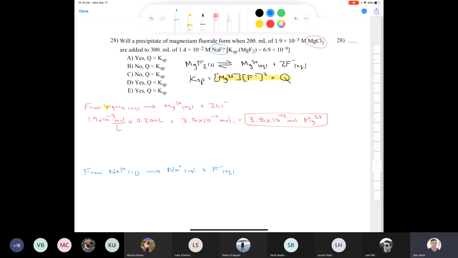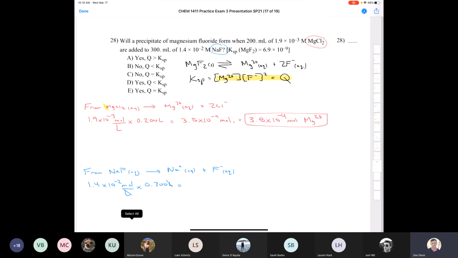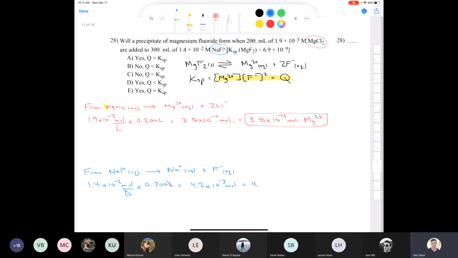So if the concentration is 1.4 times 10 to the negative 2 moles per liter for my sodium fluoride, and I'm using 300 milliliters, so I multiply by 0.300 liters, I end up with the number of moles of sodium fluoride being 4.2 times 10 to the negative 3 moles. Since the ratio is 1 sodium fluoride to 1 fluoride, I have the exact same number of moles of fluoride: 4.2 times 10 to the negative 3 moles of fluoride.